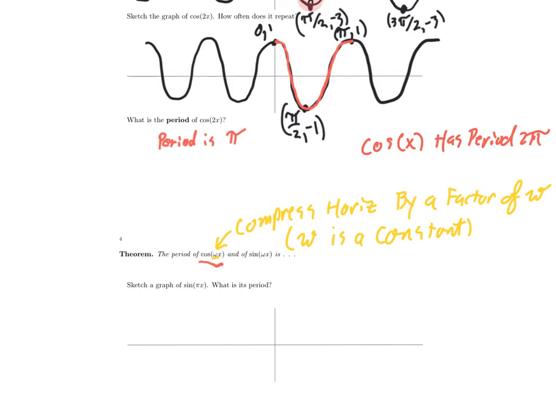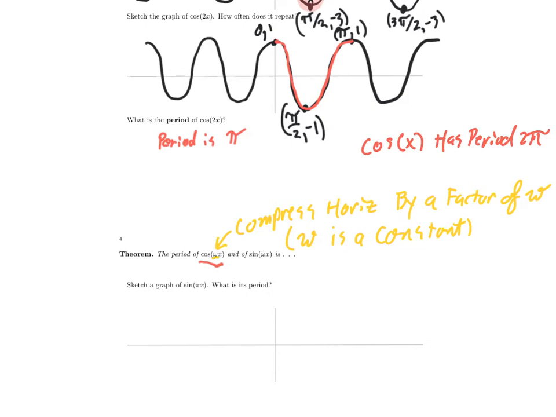So think about what that would do. That would take something that originally had a period of 2 pi. All of the x values get divided by omega. So instead of repeating every length of 2 pi, it will repeat every length of 2 pi divided by omega.